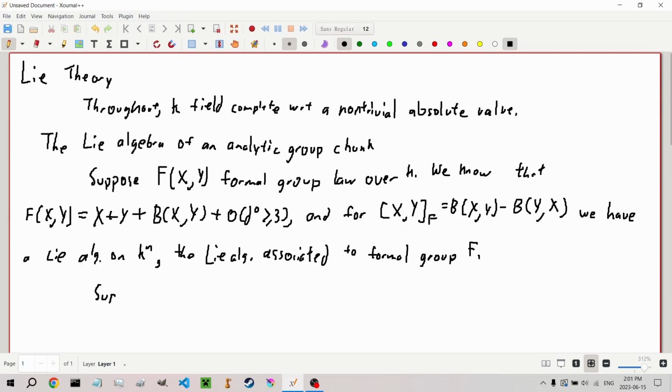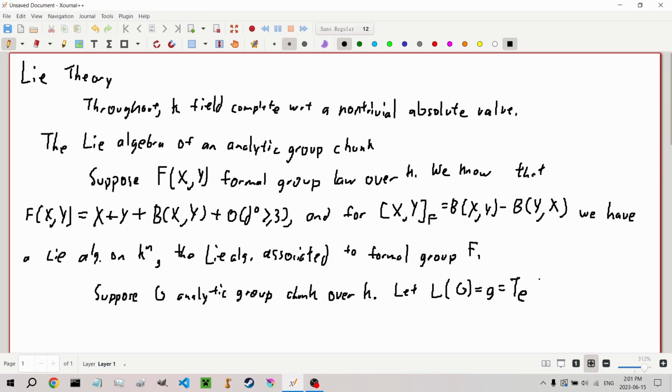Now we're going to suppose G is an analytic group chunk over K. We're going to let L of our group be equal to small g, the tangent space at the identity of G, as I said.